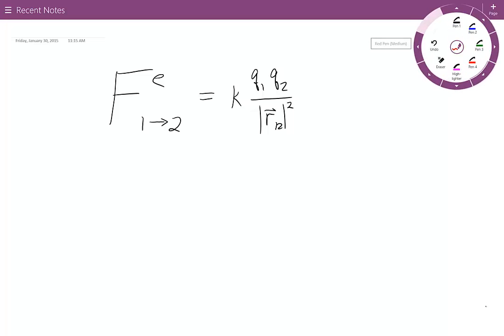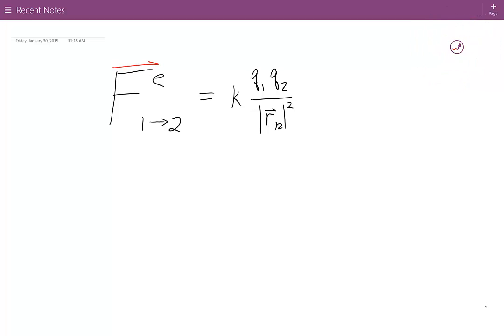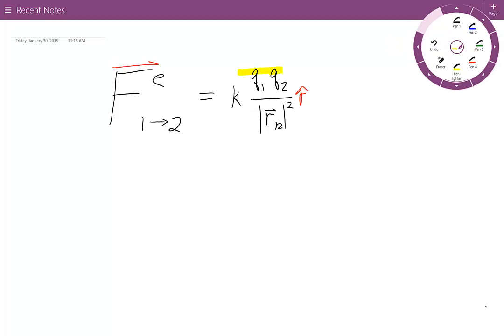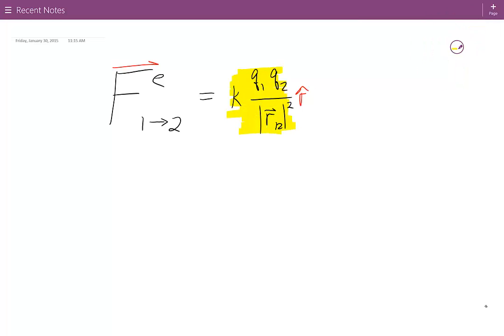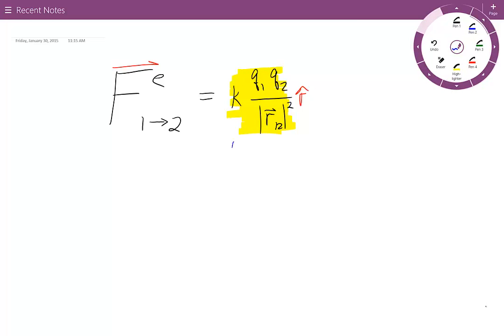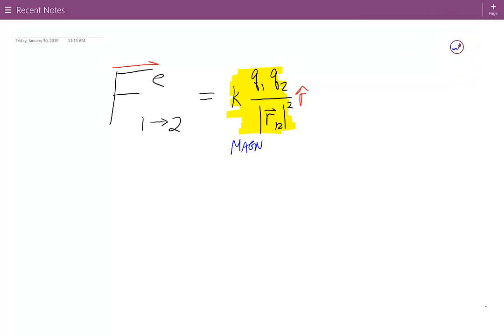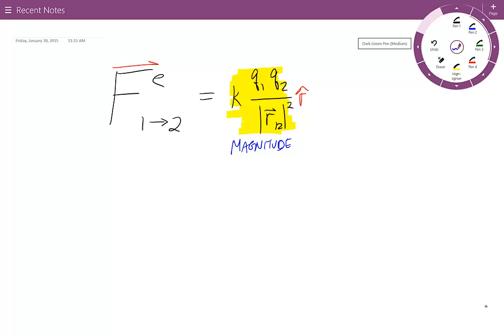Now, in order to make this a vector equation, which it technically is, we need to add this pointer, because everything that you see here in yellow is a magnitude. And then that unit vector, a magnitude times a direction, gives you the vector, which in this case is a force vector.